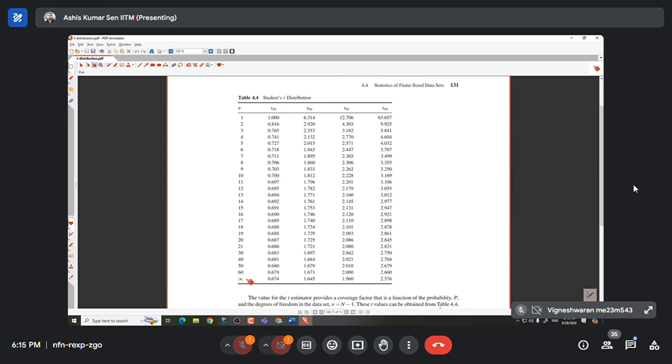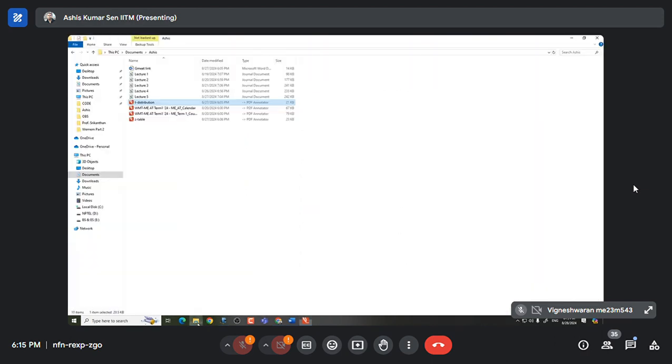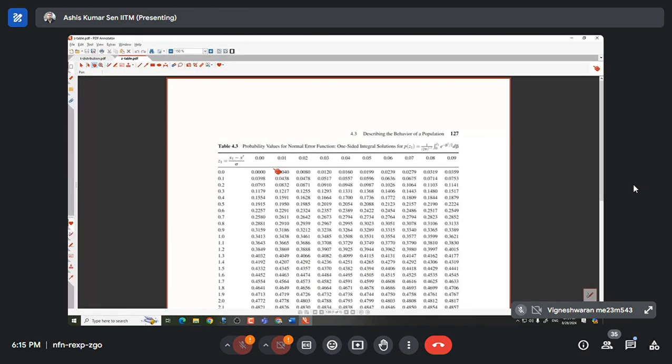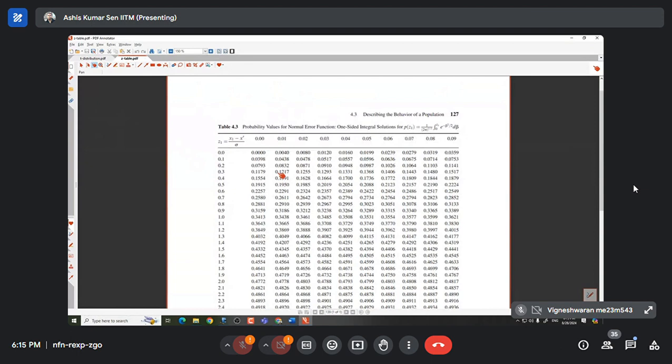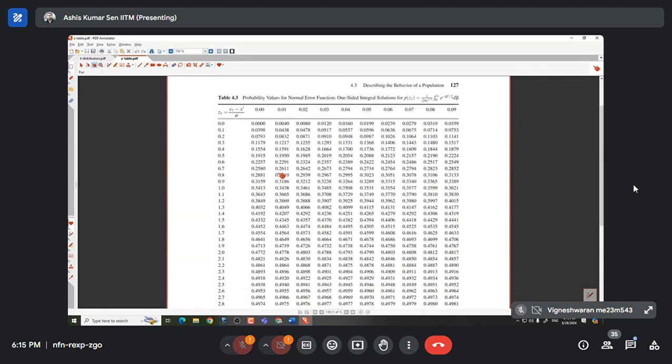Okay, so I will show you, for example, when nu is infinity and you talk about, let's say, 95% probability, the value of T is 1.96, right? So now, if we look at the Z distribution table, corresponding to 1.96, what is the probability value?